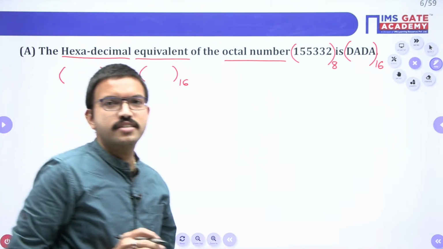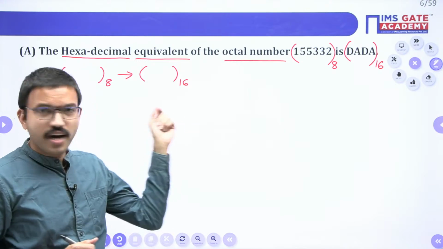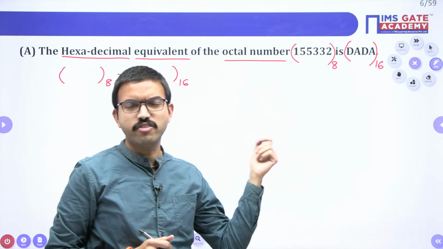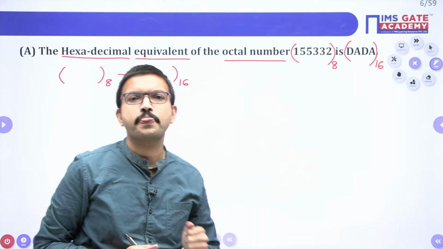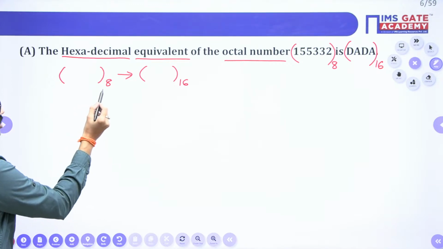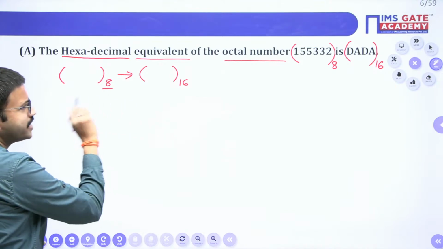Yeah, Rupesh, this is the basic concept. Sometimes they will ask direct questions, and this number system conversion will be helpful in the upcoming chapters. Here we have an octal number and want to convert it into hexadecimal. Direct conversion is not possible.